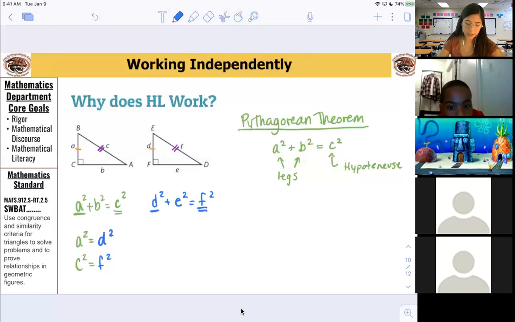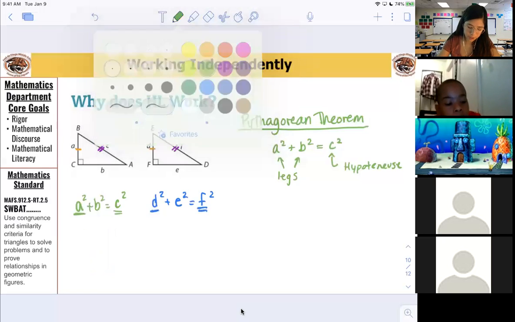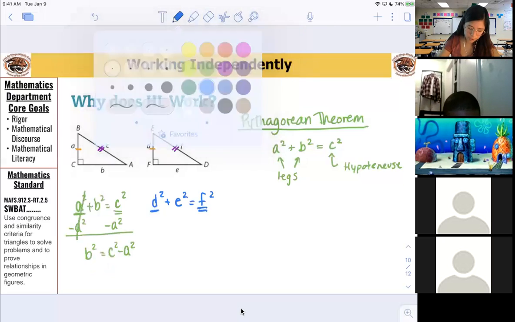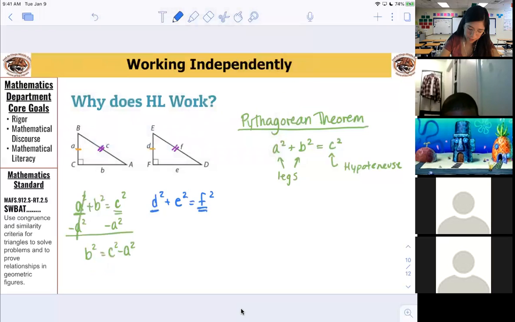Now, the way that I can set this up mathematically to show that B and E are equal to each other is, on the green equation, I can subtract A squared from both sides. So this is B squared equals C squared minus A squared. And on the blue equation, I can subtract D squared from both sides.